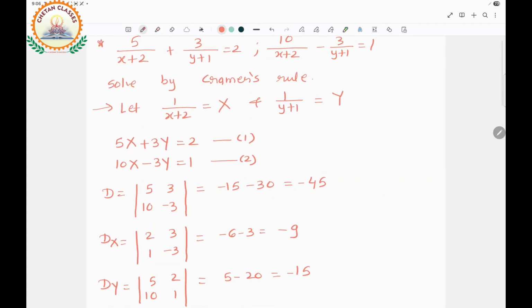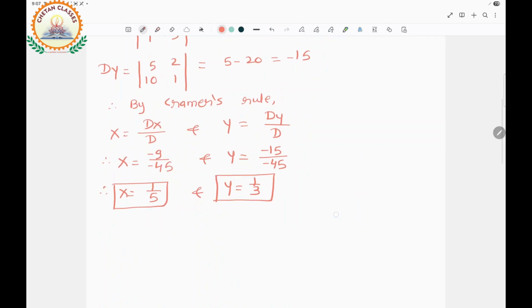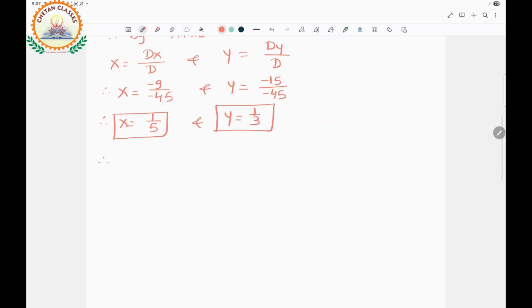But here consider that equation as star. We consider capital X as 1 upon x plus 2 and capital Y is equal to 1 upon y plus 1. So substitute here the values. Capital X means 1 upon x plus 2 is equal to 1 upon 5 and capital Y means 1 upon y plus 1 is equal to 1 upon 3.